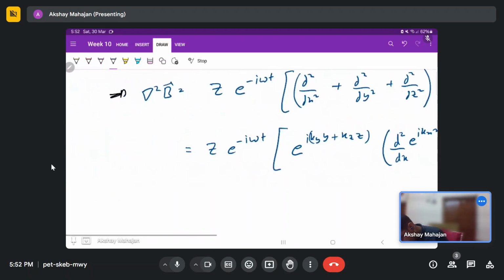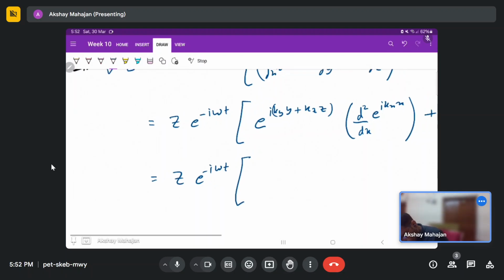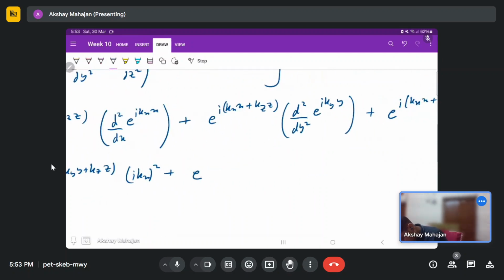Right. So from here we get z e to the power minus iota omega t. If you double differentiate, you will get e to the power iota (kx x plus ky y plus kz z) times (iota kx) whole square plus the same for ky and kz.